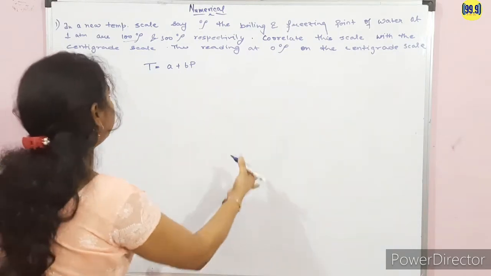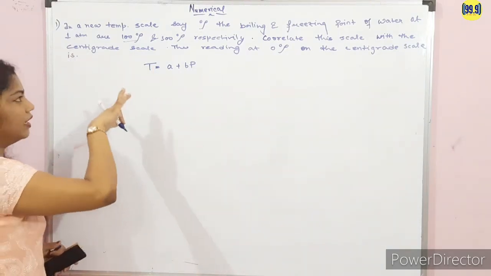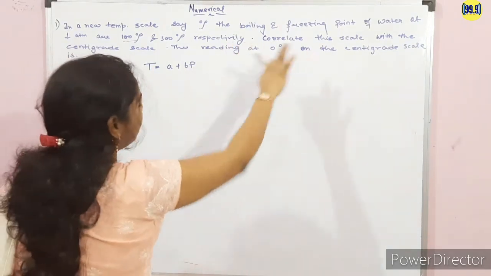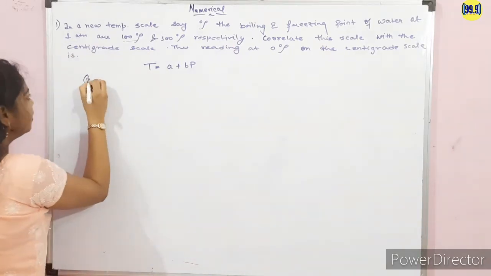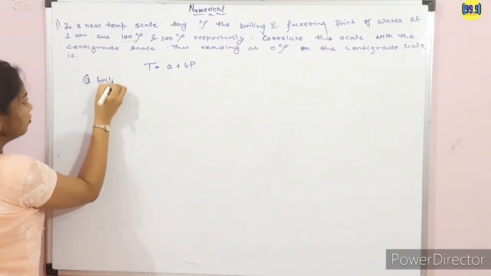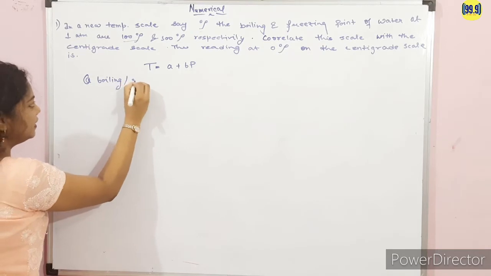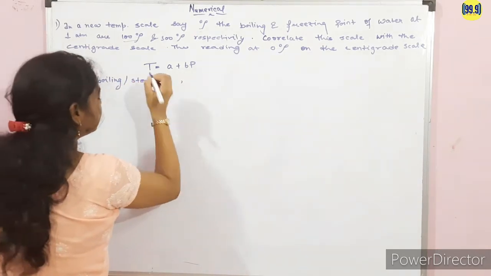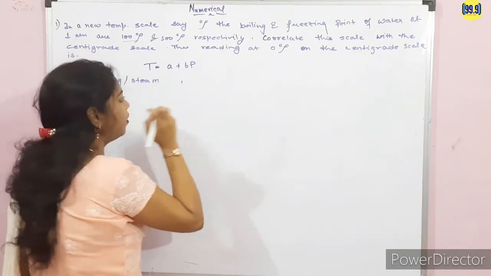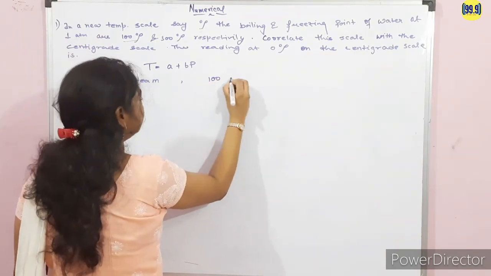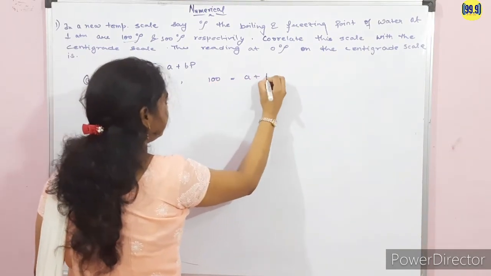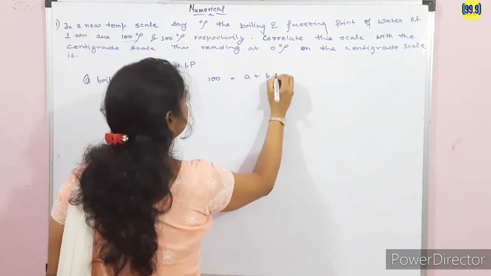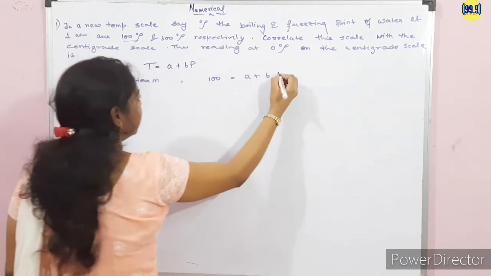So we have to write these two equations for boiling point and for freezing point. At boiling point, or you can say at steam point, the steam point of the water is 100 degrees centigrade, and A plus B which we have to calculate, and P which is given as 100.